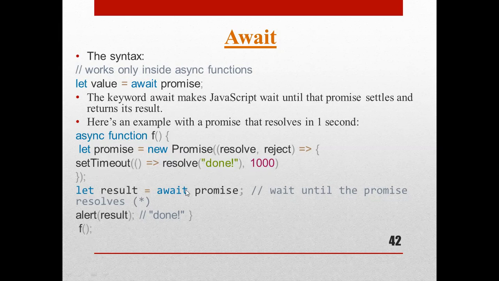We use await here, let result = await promise. It will wait until that promise resolves, and at last we alert that result. So it will give the output done after 1 second.